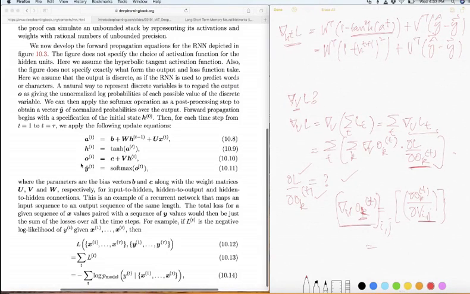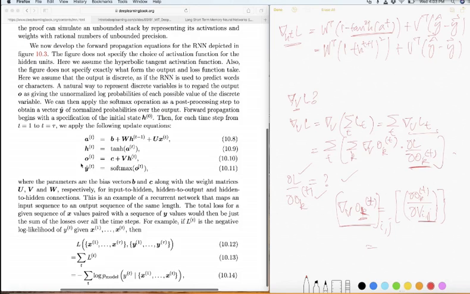To answer this, you just have to look at equation 10.10 and you will see that O_kt is going to contain the elements of V_ij only if k is equal to i. O_kt is the kth component of vector O. So it's only going to contain V_ij if k is equal to i, right?